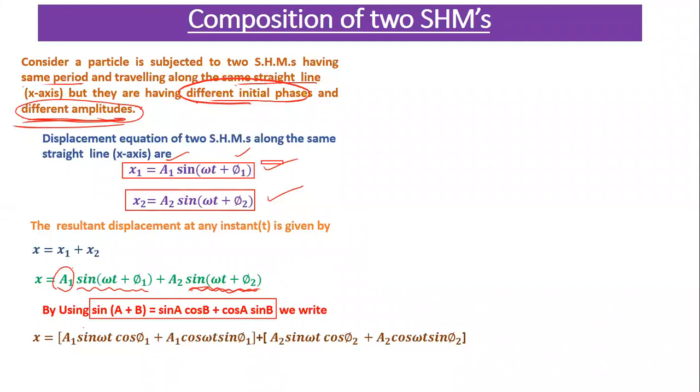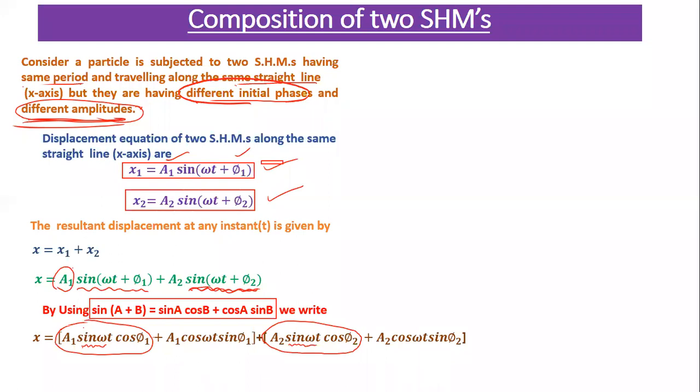Now you can see the equation very carefully. From term 1 and term 3, we can take sine omega t as common.